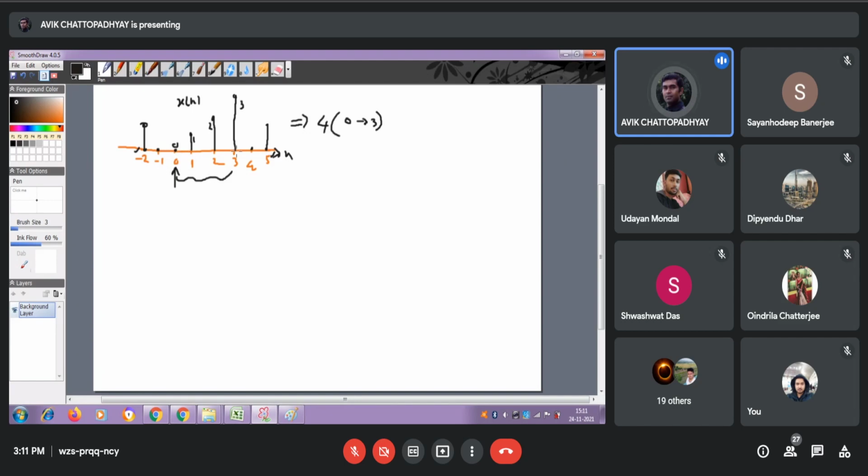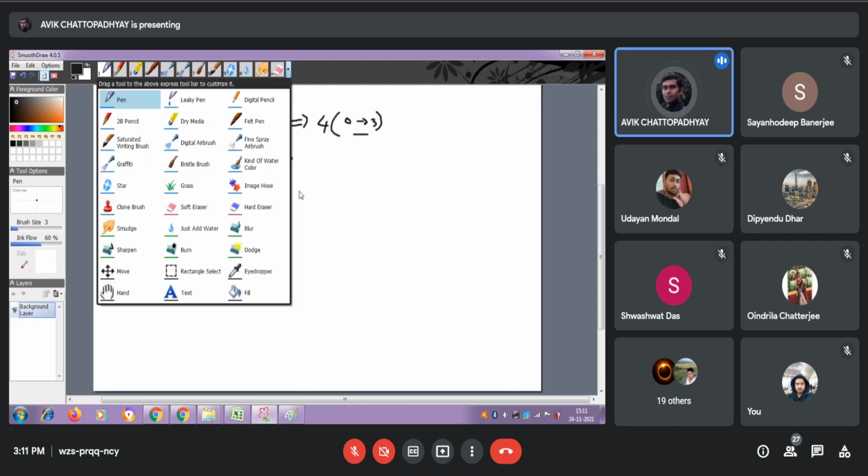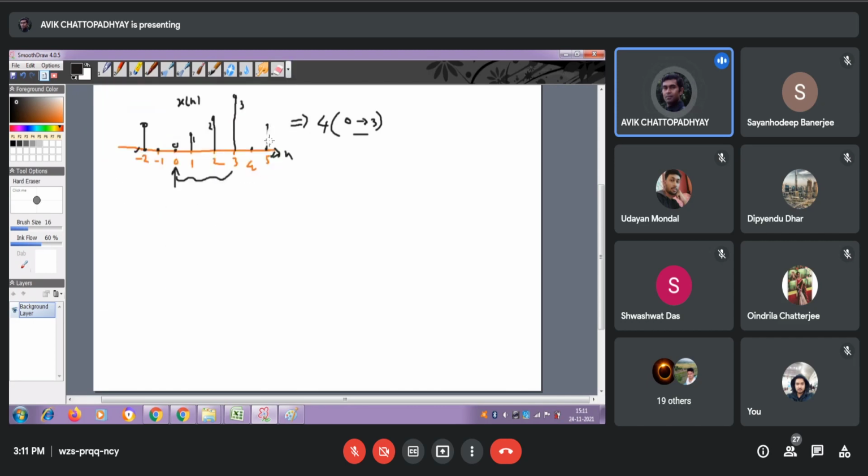From 0 to 3, I have written 4. Similarly, 0 to 5 means actually 6, and here you have 2, so 8. Basically, you have 8 samples in that case. But we intentionally omitted these 2 only to create some sort of confusion, some fuzziness. Getting the point?